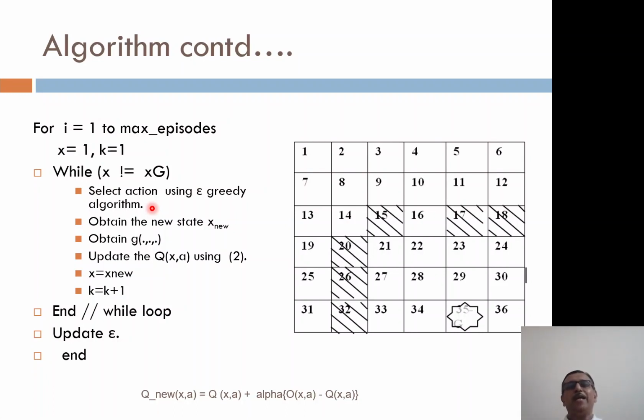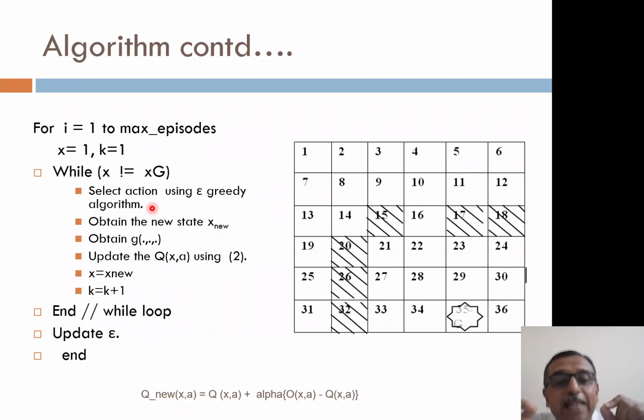With probability epsilon, you will take a random action, and with probability 1 minus epsilon, you will take the greedy action. How will you do this? You generate a random number between 0 and 1. Your epsilon now is 0.5. If the generated random number is less than 0.5, you will take a random action, and if it is greater than 0.5, you will take the greedy action. Initially, these Q values don't make any sense because they are all initialized randomly. That is why epsilon is initially a large value, 0.5.